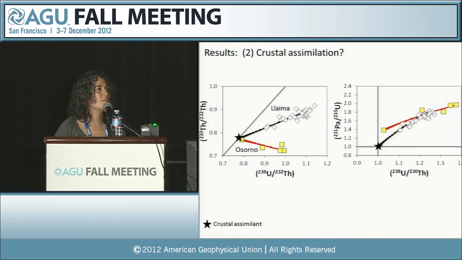For Osorno volcano, it also appears that it's mixing to something that's similar to the Jaima assimilant. However, radiogenic isotopes and trace elements don't seem to support this. So it's mixing to something very similar to one of the samples that erupted from Osorno, and it has near-equiline compositions.